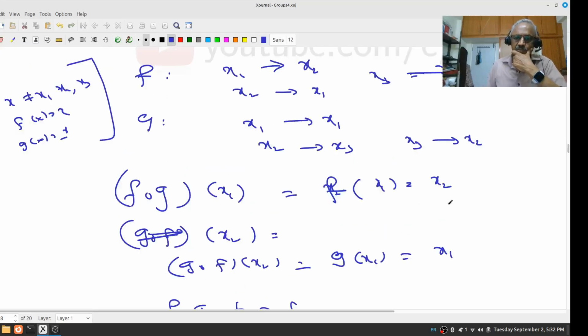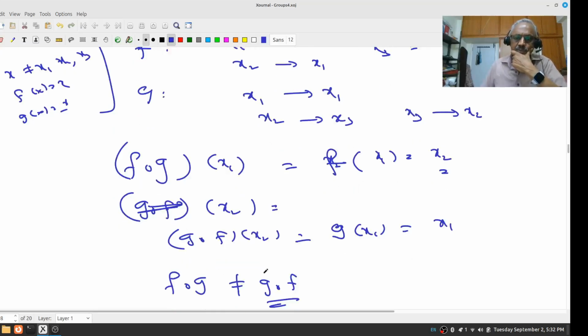F composite g of x1 is x2, whereas g composite f of x1: f of x1 is x2, and therefore g of x2 is what I am looking at. Yeah, g of x2 is x3, sorry.